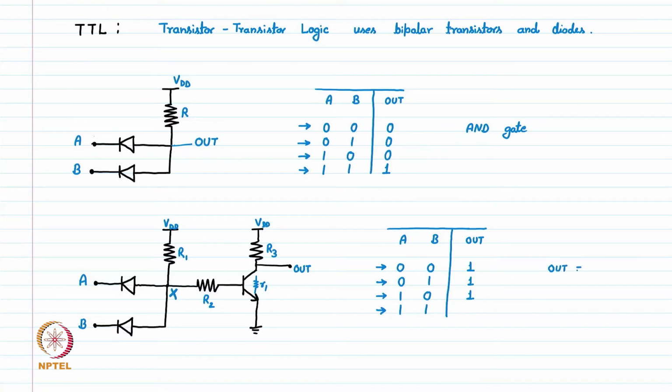So the output node will be R1 divided by R1 plus R3 times VDD, and this is typically a very low value, very close to 0. So output will be, you can assume, logic 0 for A is 1 and B is 1. So this is the truth table of a NAND gate.